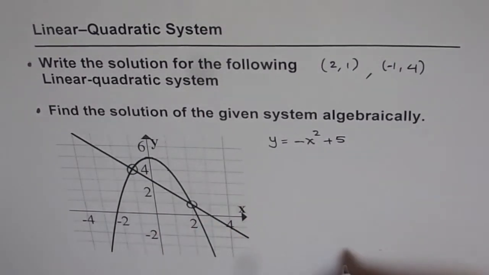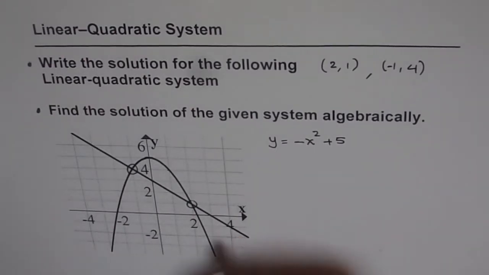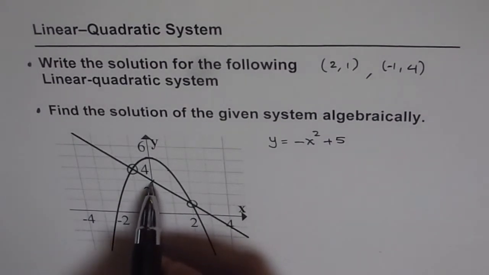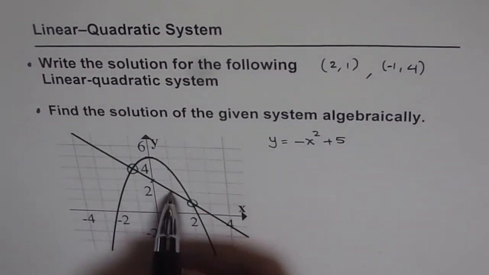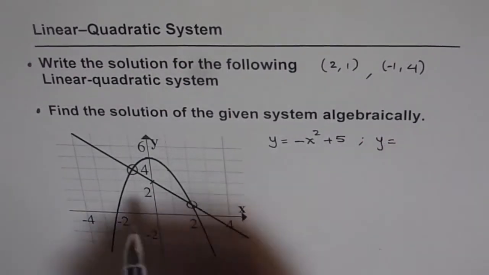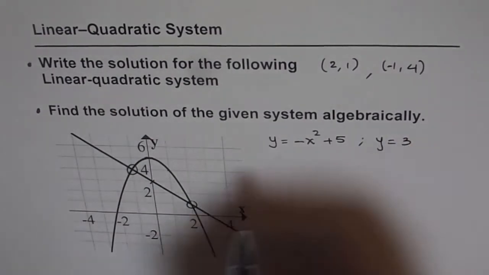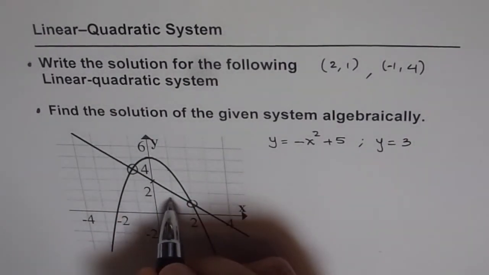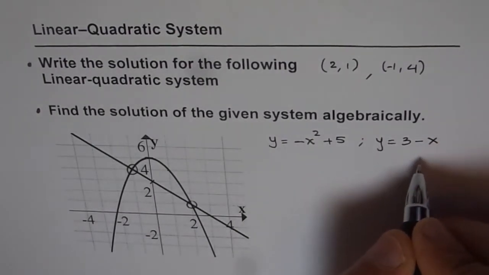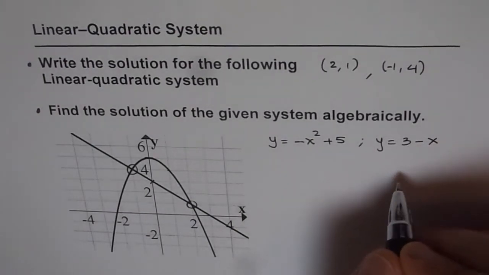That gives me the equation for the parabola. Now for the line, we can get the equation from the y-intercept, which is at 3, and the slope. If I move 1 unit to the right, I'm moving 1 unit down, so the slope is negative 1. So for my line, the equation is y equals the y-intercept 3 plus mx, where m is minus 1, so I get minus x. So I get the equation of both the line and the parabola.